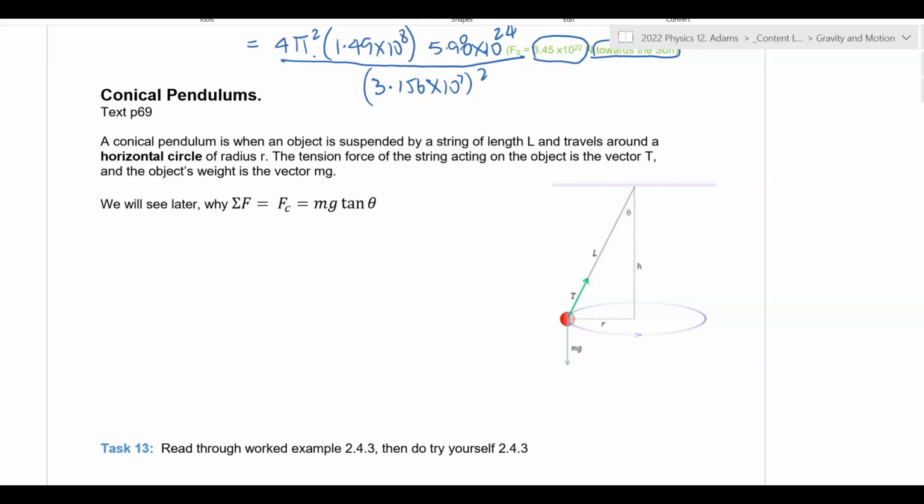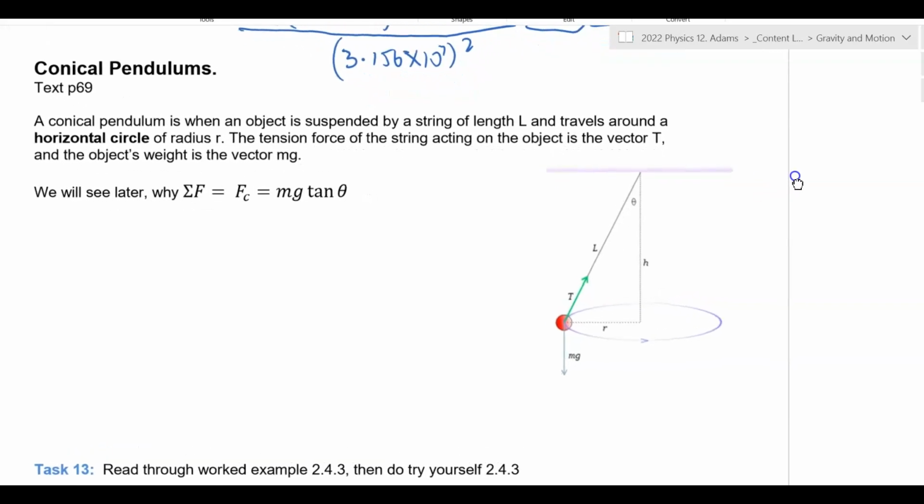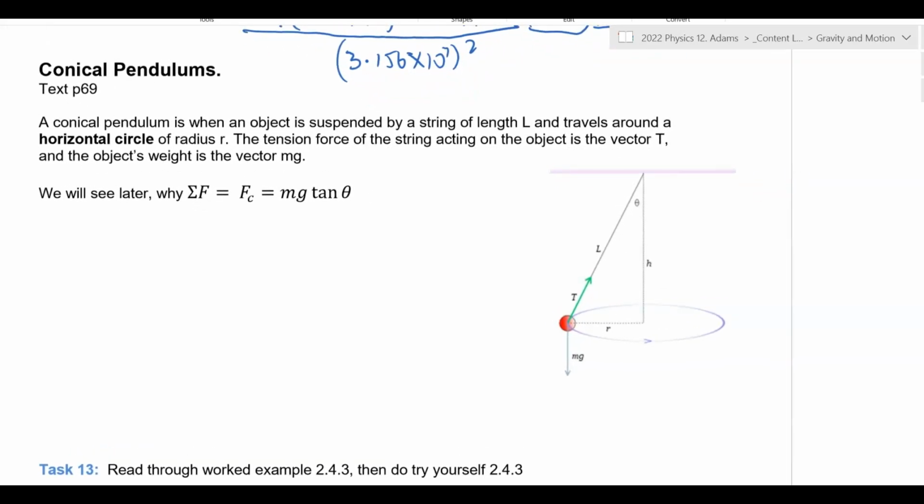Okay, so some fairly simple applications there of horizontal circular motion. Let's look at another example, and a slightly more difficult example is when we look at conical pendula or pendulums. Textbook, page 69. What we've got here, as it says, is a string often fixed at a certain point.